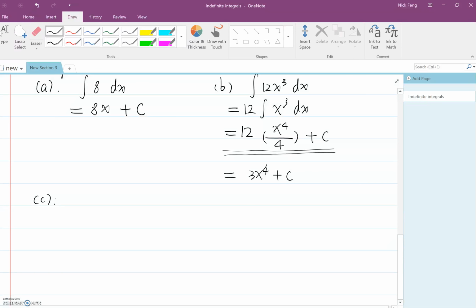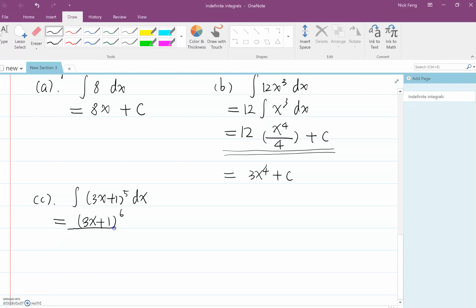Example C. In this one, we have 3x plus 1 to the power of 5. Now in this case, remember we're just using the new rule. That means we are adding up the new power. 5 plus 1 gives you 6.